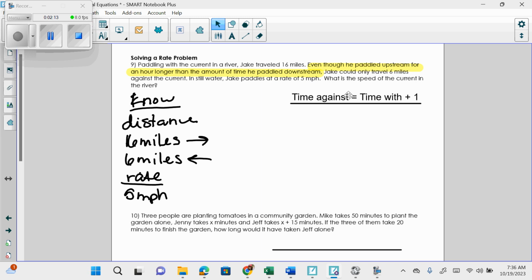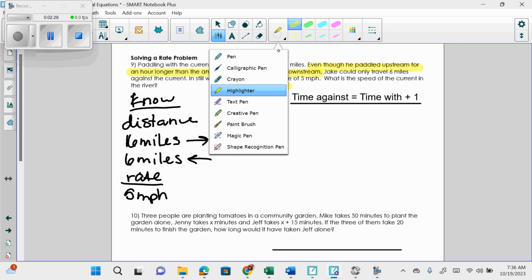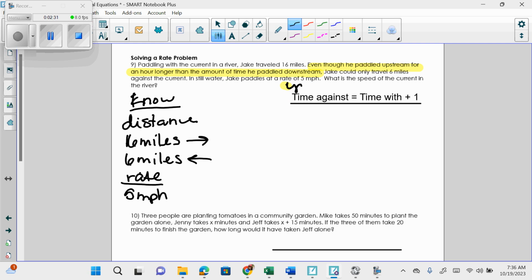I know that the time that he paddled upstream is equal to the time that he paddled downstream plus 1. So paddling against the current is upstream, and downstream is with the current. So that's what those words mean.